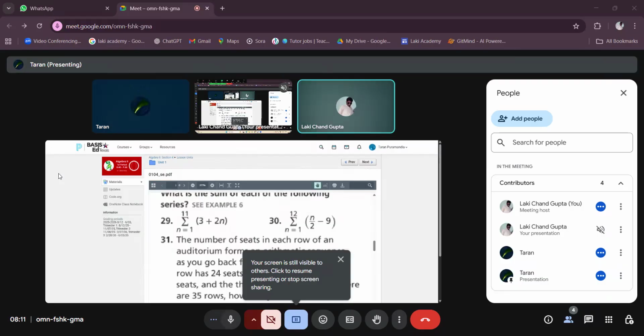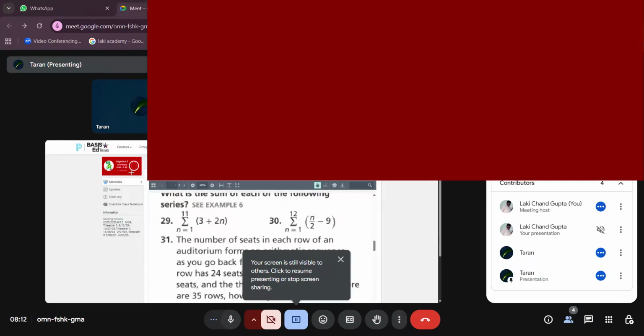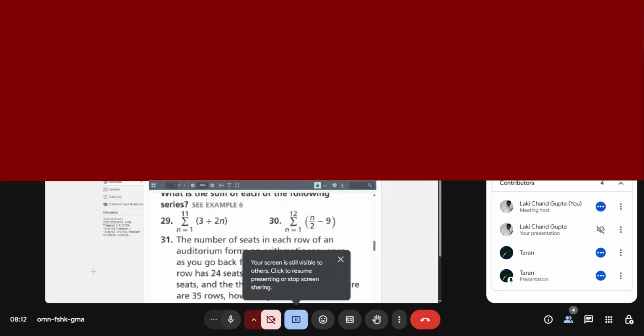So here is the question. First question is find sigma from n equal to 1 to 11 of 3 plus 2n.